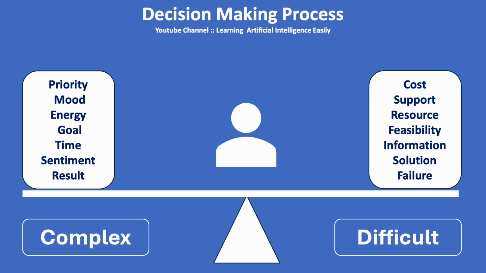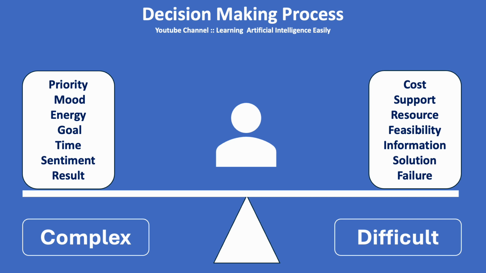At the same time, there are certain factors or attributes which we as humans consider when we take a decision. Those attributes are priority, mood, energy, goal, time, sentiment, result. Other than these, we have cost, support, resource, feasibility, information, solution, and failure.